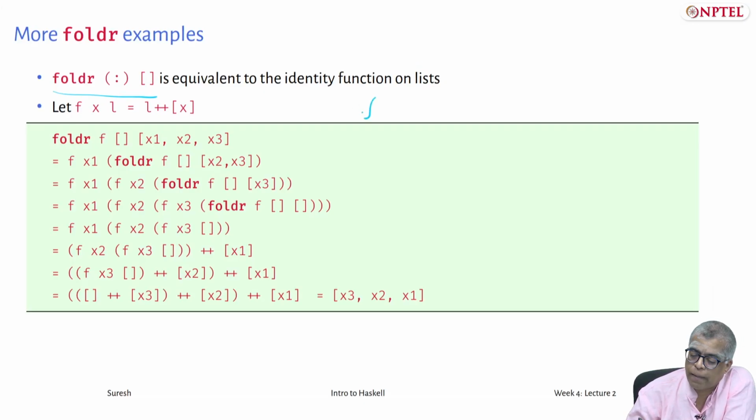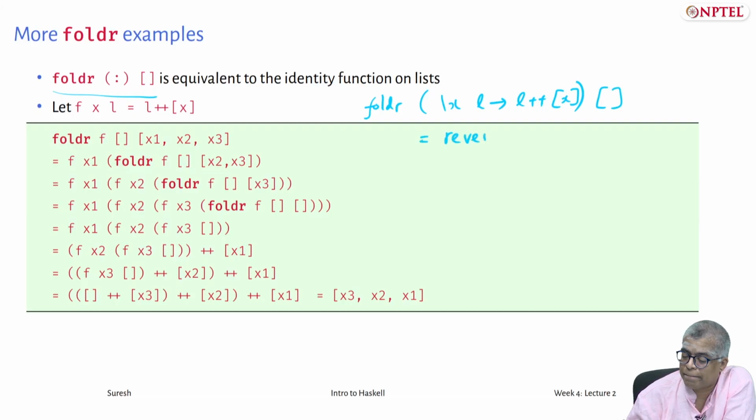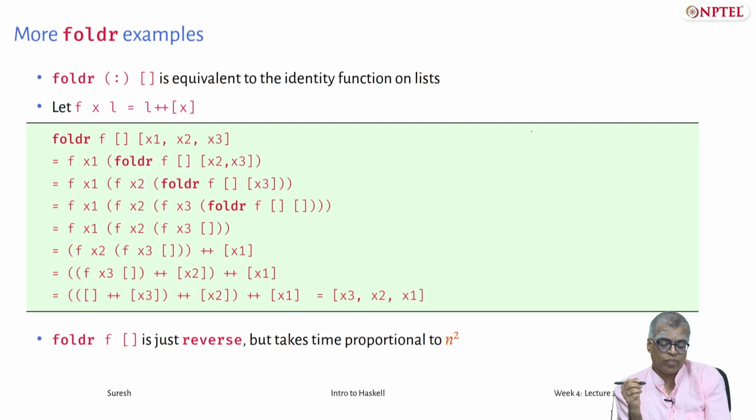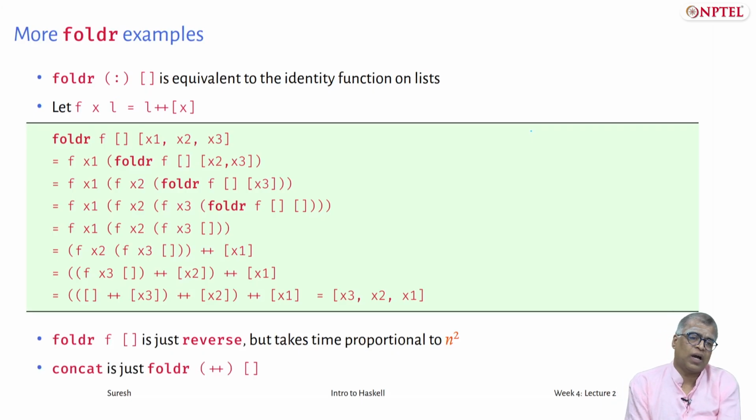Foldr of the function that takes x and l to l plus plus singleton x, with initial value the empty list, is nothing but reverse, but it's a reverse that takes order n square time. As another example, we saw that concat was just foldr of plus plus with the empty list.